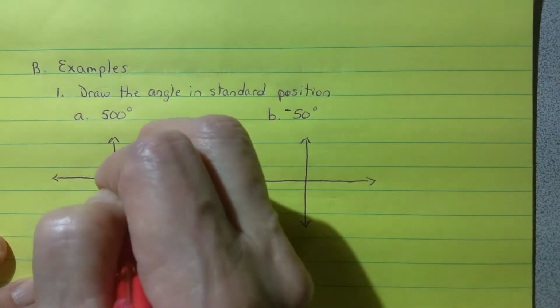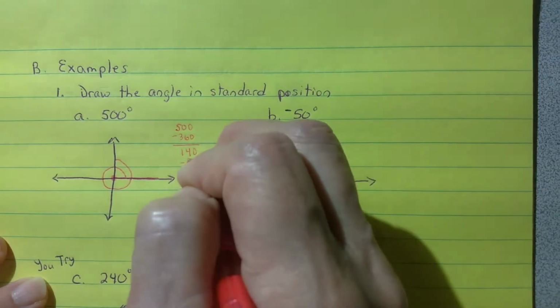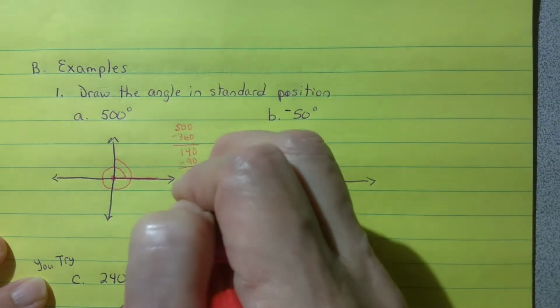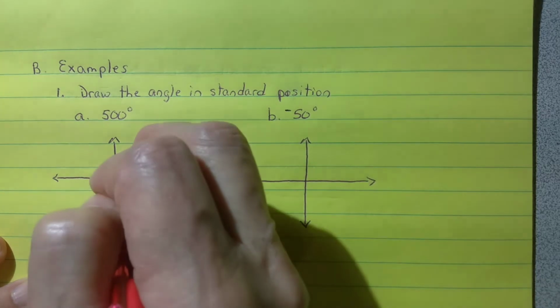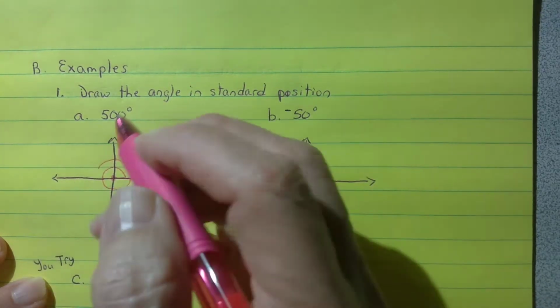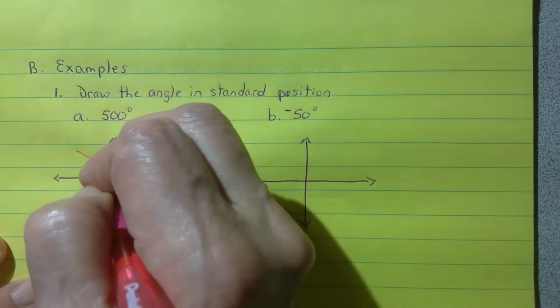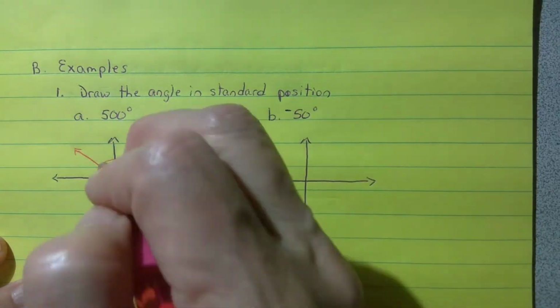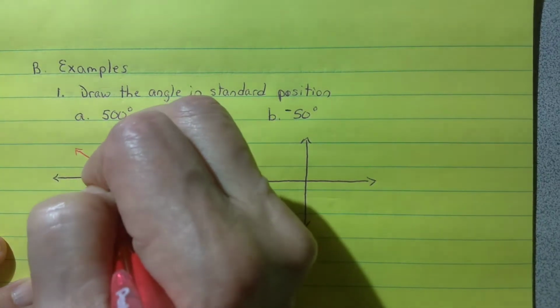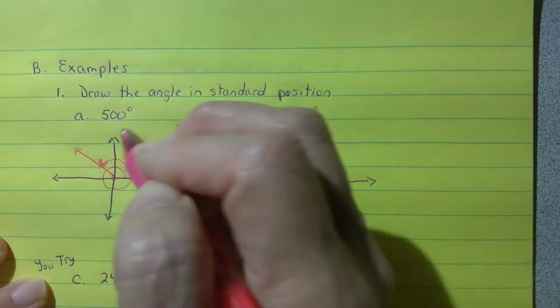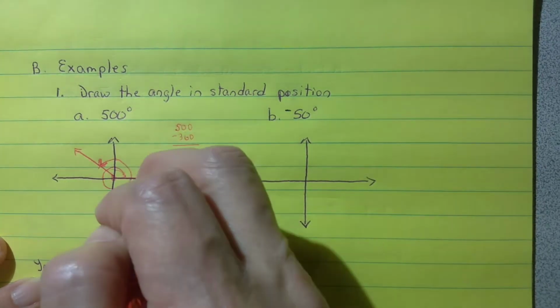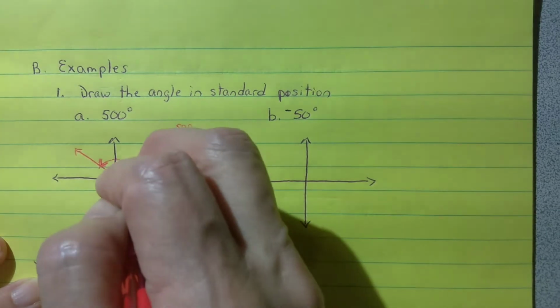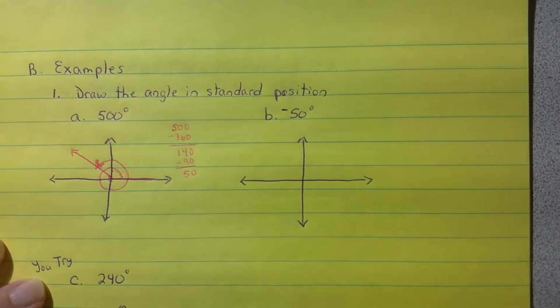So I've got 90, and that leaves me with 50 degrees. 50 degrees is a little bit more than halfway. So my terminal side is coming always from the center, and that is my angle. Make sure you draw your little arrow here so we know which way you went. You went up around one time and then 140 degrees more.